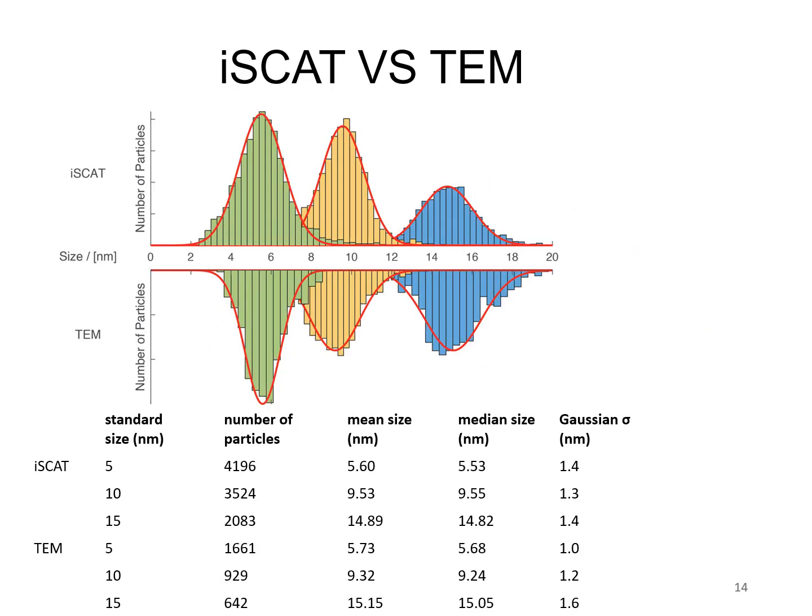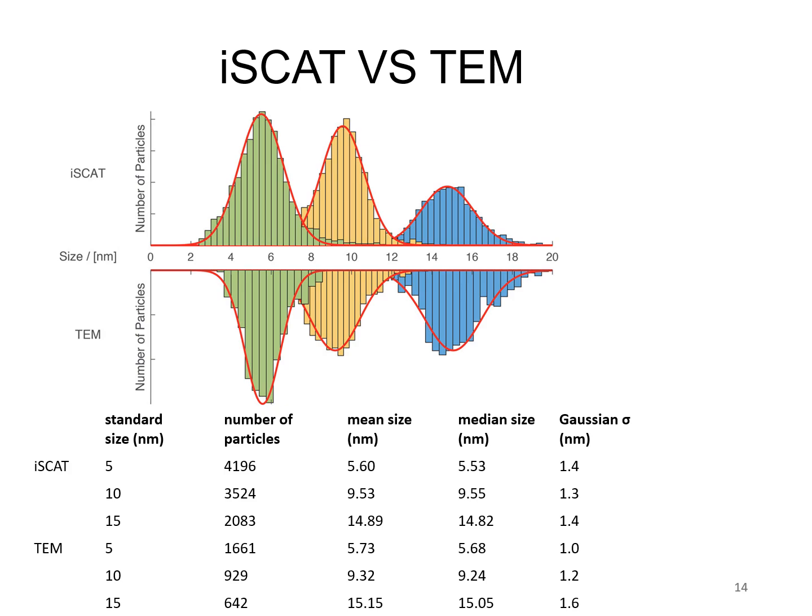Here, we compare the size distribution of golden nanoparticles determined from the combined iSCAD experiment and TEM images. The distributions of the 5, 10, and 15 nanometer samples are shown respectively in green, yellow, and blue.